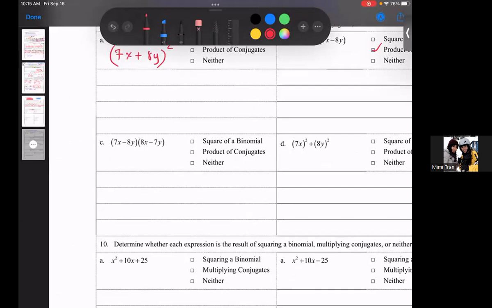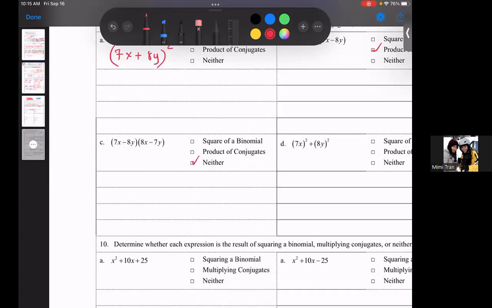C. First of all, are they the same? They're not. Are they conjugate? No, they're not conjugate. If I can factor out the negative, it depends how you do it. If you factor out the negative, then yes. But by just eyeballing it, say neither.